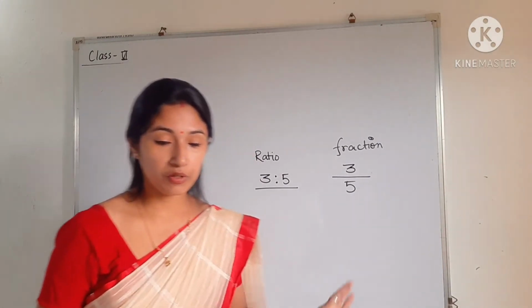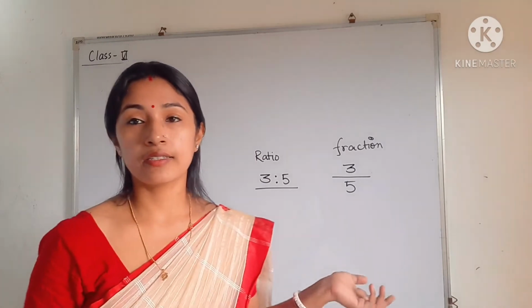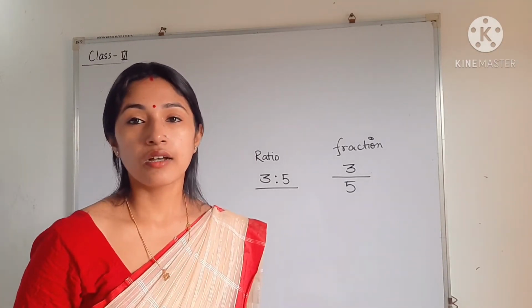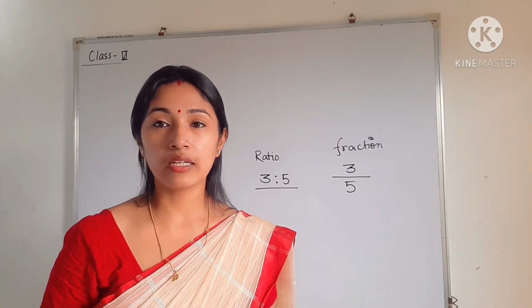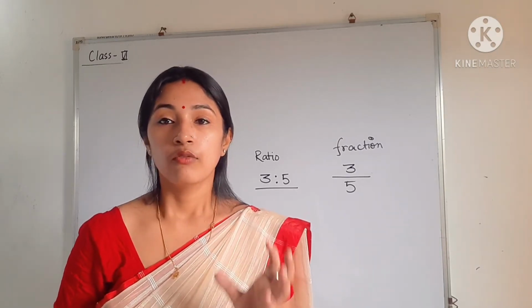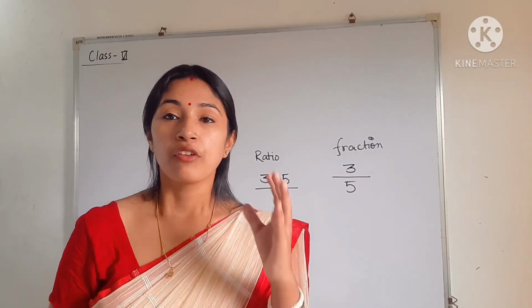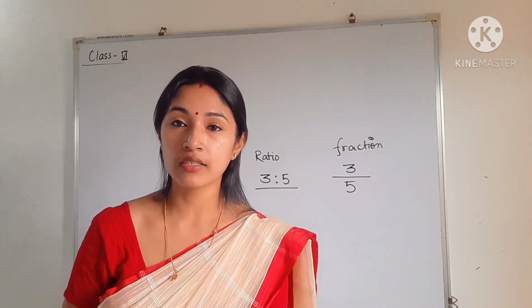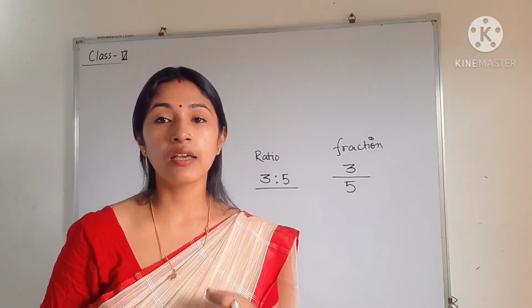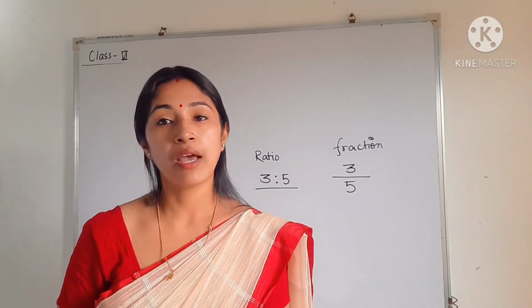So here you have seen the example which I have already discussed. In that example, we compared quantities which are the same kind. Same in the sense that we are comparing marks: Leela's marks in maths, and similarly Sheila's marks in maths only.